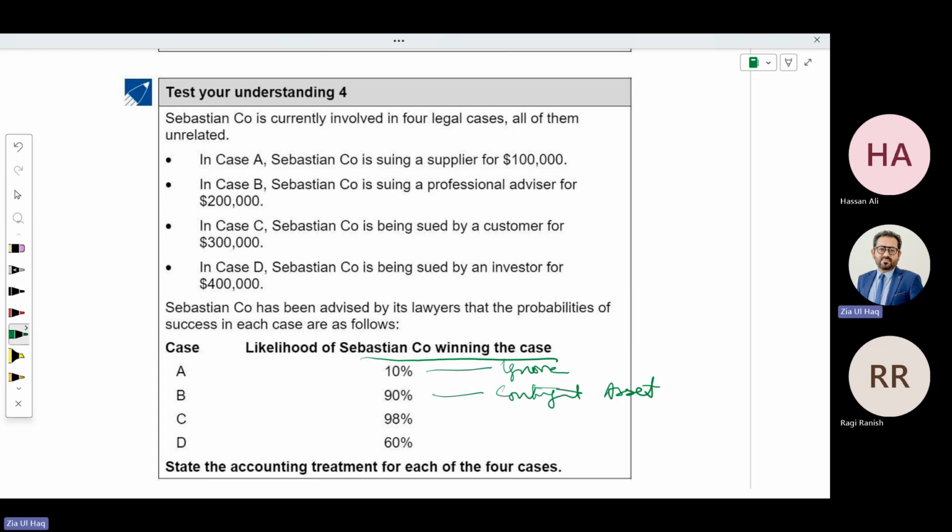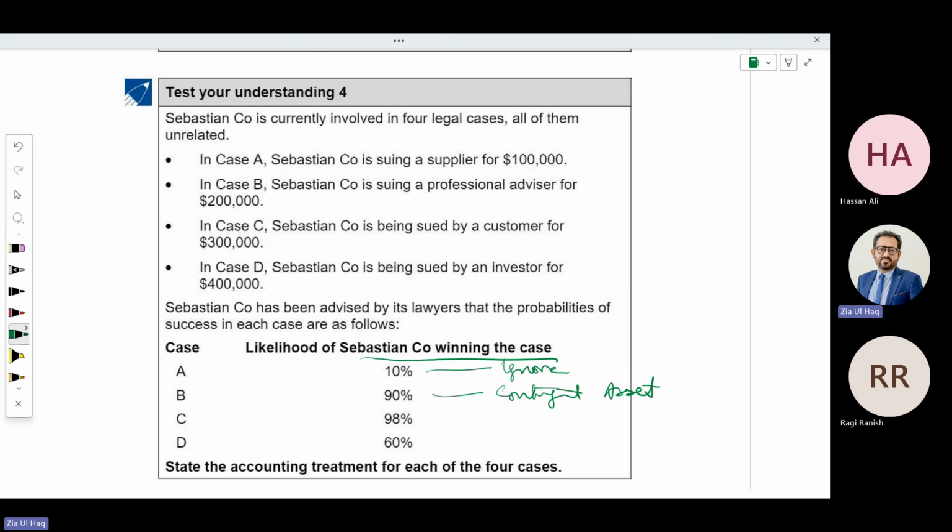In case C, S company is being sued by a customer for 300,000. 98% chance S company will win the case. There is a 2% chance of economic outflow. 98% chance is not for outflow.